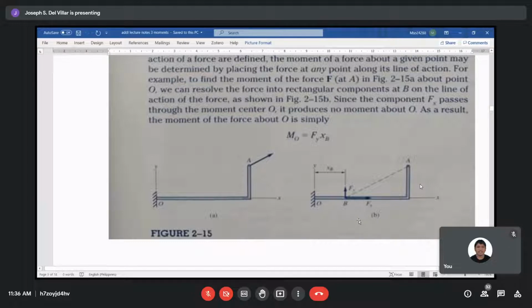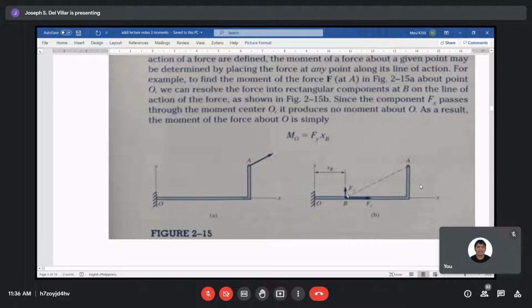Fx po, sir. Yes, si Fx. Kasi if you extend that to the left, siya yung dumaan sa O. Pero si Fy, never dadaan sa O. So therefore, since si Fx dumaan sa O, wala siyang moment. Zero moment. Ibig sabihin, wag nyo na siyang isama sa equation. So ang may moment effect lang si Fy.